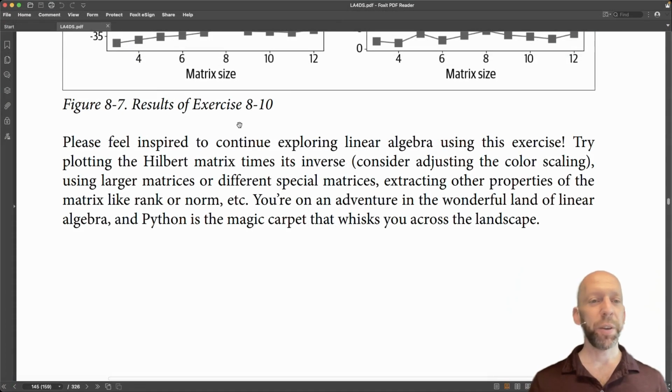The last thing I want to mention in this exercise in this video is something that I mentioned earlier in the book, probably in chapter 1 and maybe chapter 2. And that is that I don't want you to see these exercises as just tedious homework that you have to do. Instead, I hope you use these exercises as inspiration and starting points for continuing to explore linear algebra using code on your own.